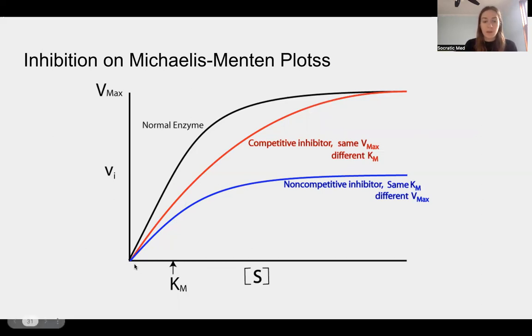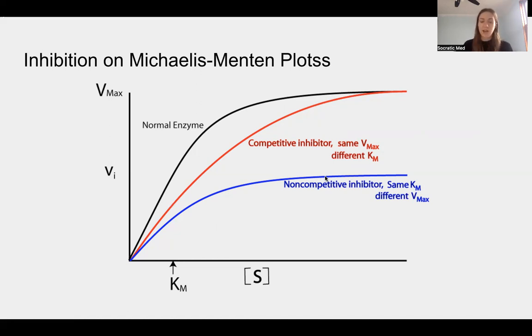Our blue line shows a non-competitive inhibitor. So we'll have the same Km. If you draw a line at this new Vmax and then half of that, you'll see it falls at the same point as our original Km. But you can obviously see that Vmax is a lot lower here.